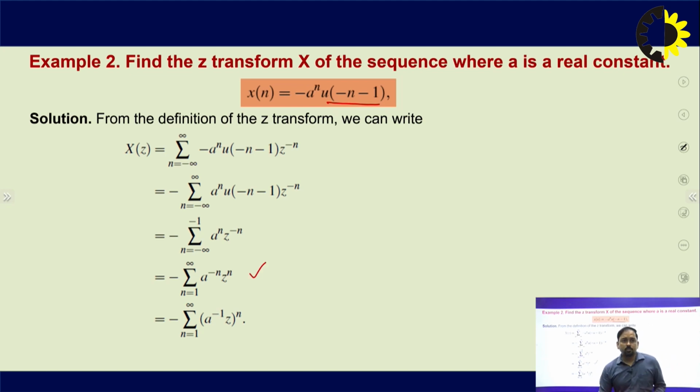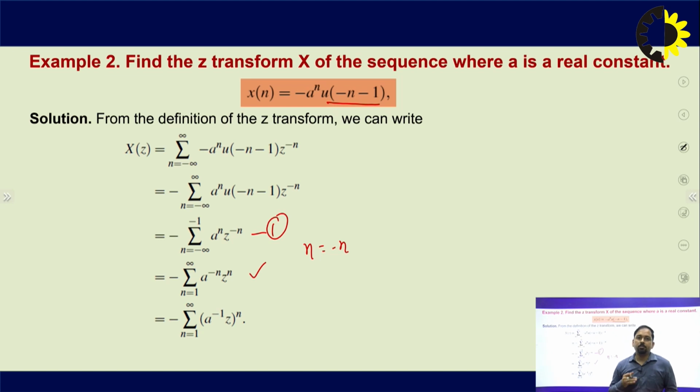Now we want to perform a summation from n equal to minus infinite to minus 1, which can be further replaced by, if we substitute n equals to minus n in this particular equation, the summation from 1 to infinite a raised to power minus n, z raised to power n. So further we can rearrange this as (a inverse z) whole raised to power n.